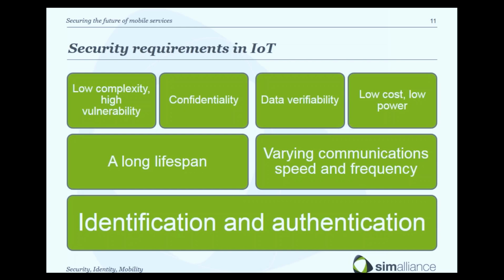As a result, SIMalliance sees a range of potential security requirements in 5G IoT, including identifying the device, user, network, application, service, and service platform, the ability to operate within low power requirements and to manage security during hibernation states, data authenticity, confidentiality, and integrity for low complexity, low throughput services and sensors that may nonetheless be highly vulnerable, maintaining customer identity, location, and privacy, and lastly, data verifiability.